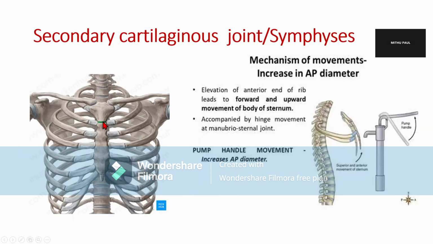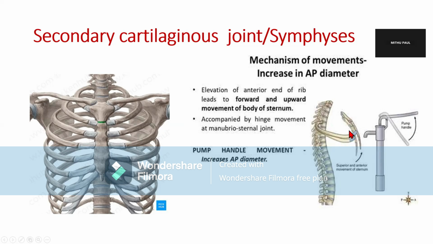Another very nice one is the manubriosternal joint, on the anterior part of the chest between the manubrium and the body of the sternum. In respiration, there is forward movement of the sternum along with backward movement during inspiration and expiration, to increase and decrease the anteroposterior diameter of the chest. This movement occurs here at the manubriosternal joint, and it is similar to the movement of a pump handle.